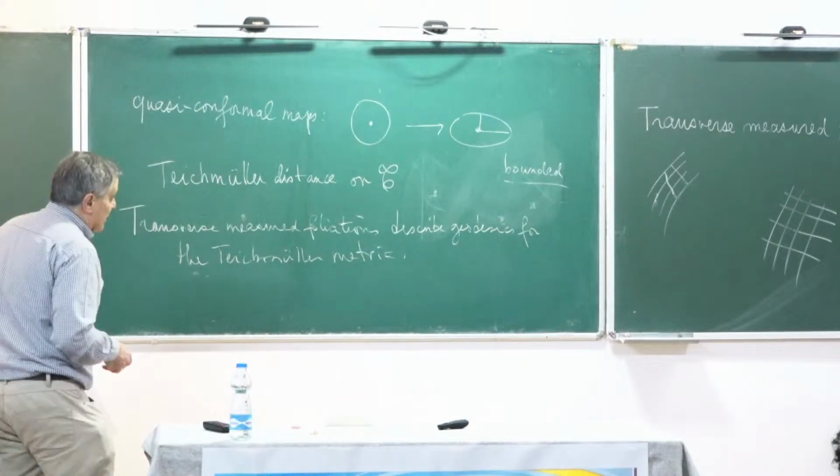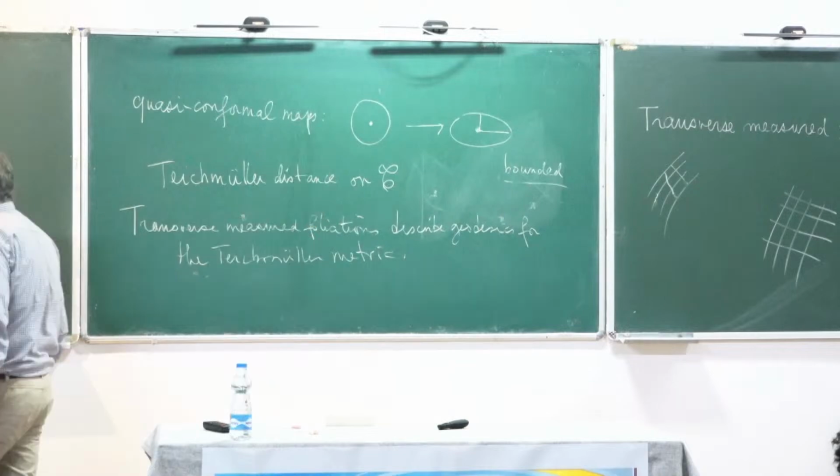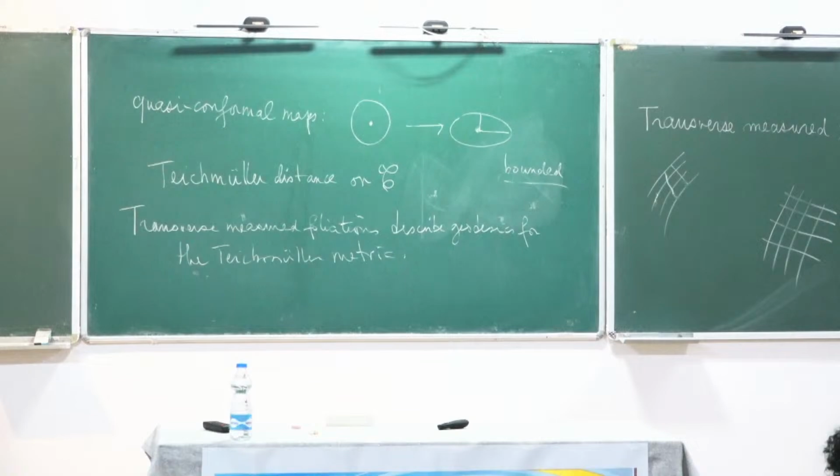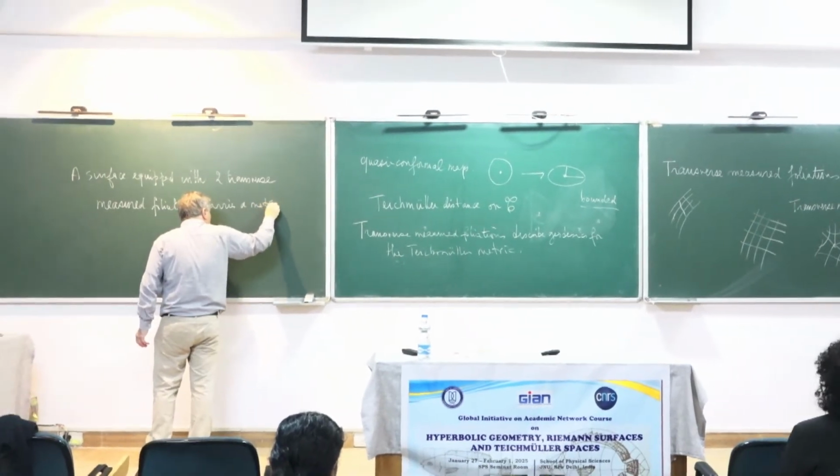First, let me note that a surface equipped with two transverse measured foliations carries naturally a metric.